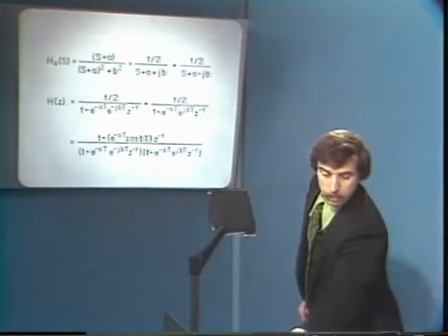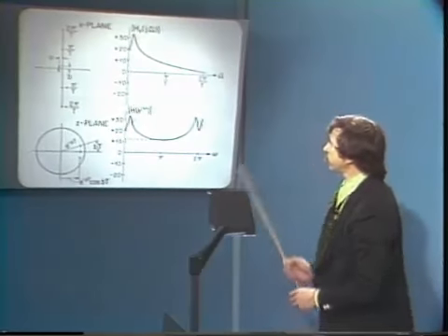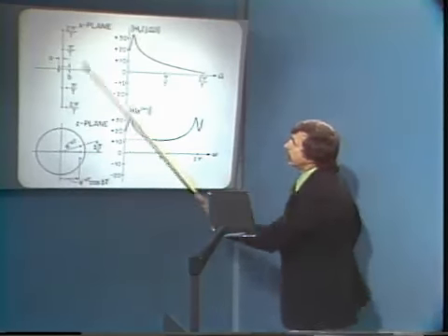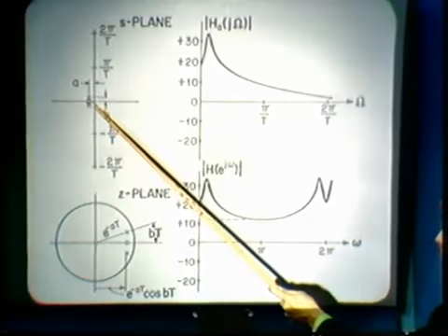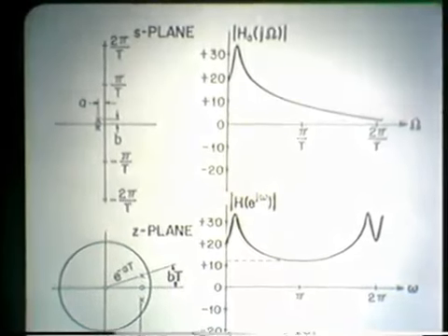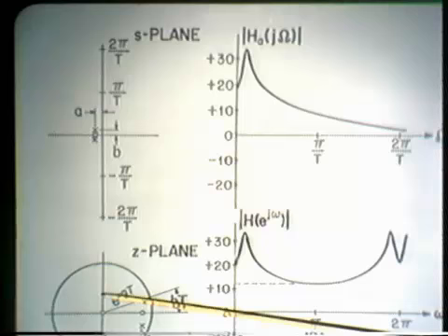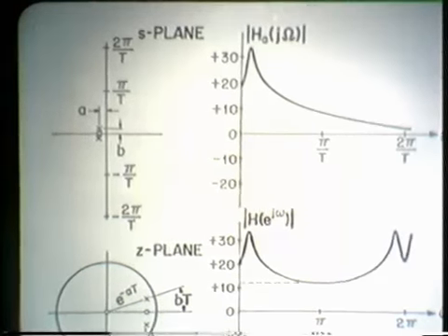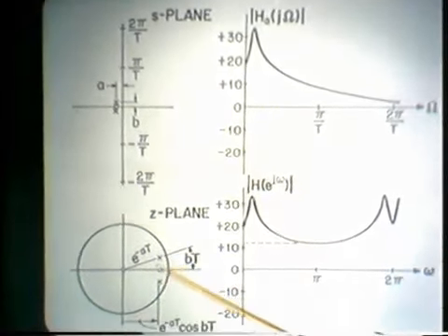Well, what this example looks like in the frequency domain, I've indicated here. Here is the S-plane plot of the two poles and the zero for the analog system function. And the result of applying the impulse invariant procedure are the poles and zeros which are indicated here in the Z-plane.